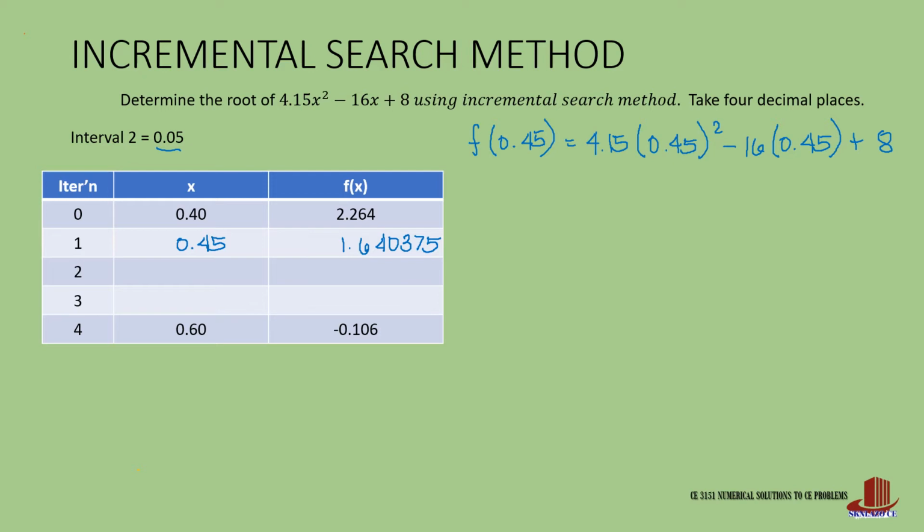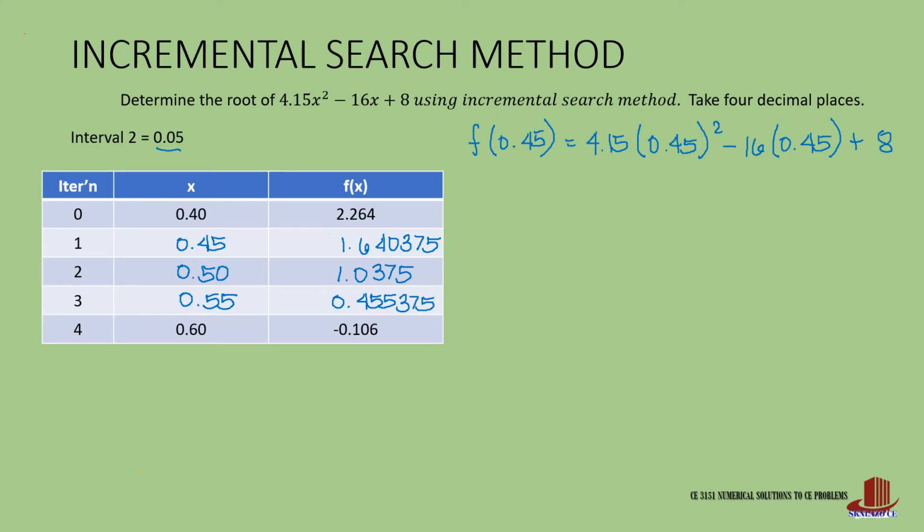With the interval of 0.05, we can take 0.50. Plugging 0.50 into our function, we get positive 1.0375. Still a positive, so we continue with 0.55. This would give us 0.455375.